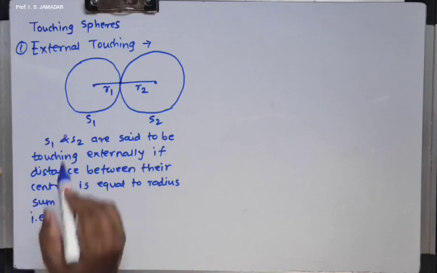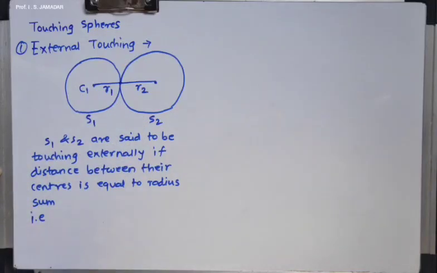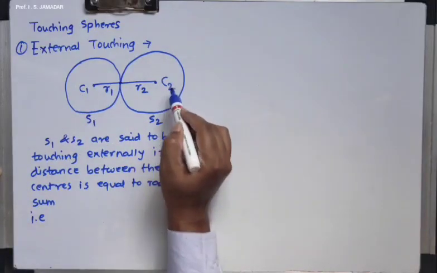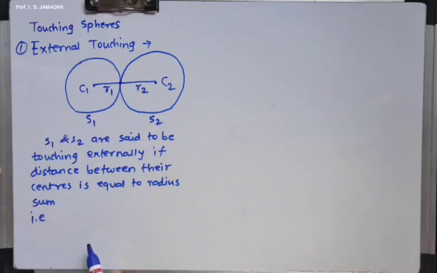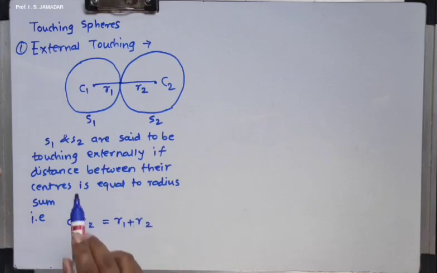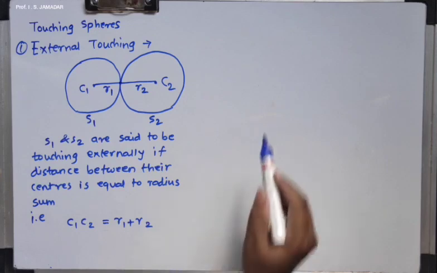That is, suppose C1 is the center of the first sphere S1 and C2 is the center of the second sphere S2, and if the distance C1C2 is equal to R1 plus R2, where R1 is the radius of the first sphere and R2 is the radius of the second sphere, then we can conclude that these two spheres S1 and S2 are touching externally.